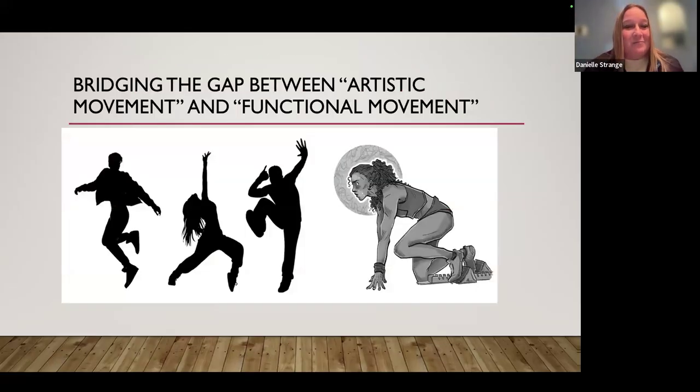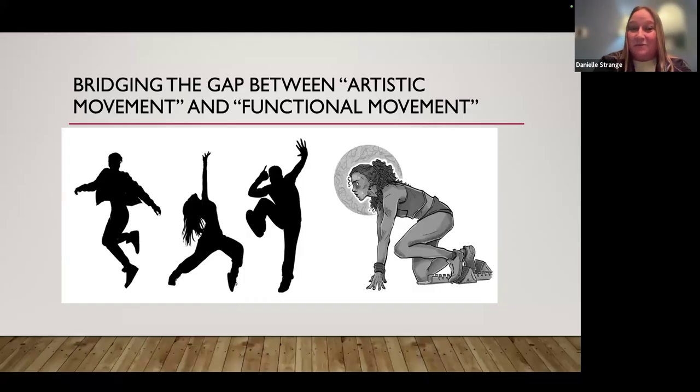So I'm trying to bridge the gap between artistic movement and functional movement, being your physical education movement. And I think it's important. A lot of us get nervous to do any kind of dance in our physical education classes.